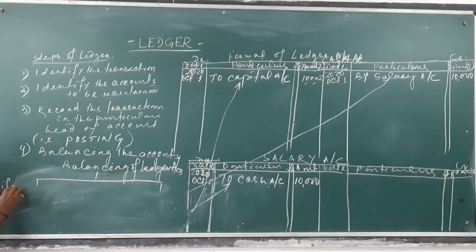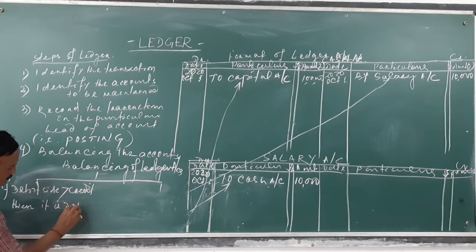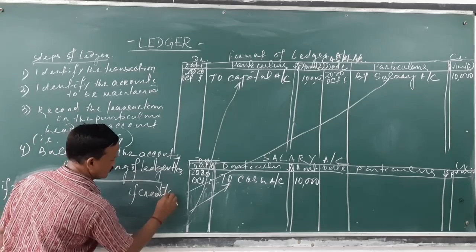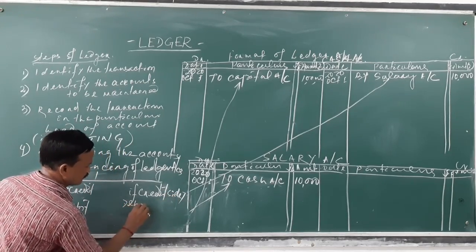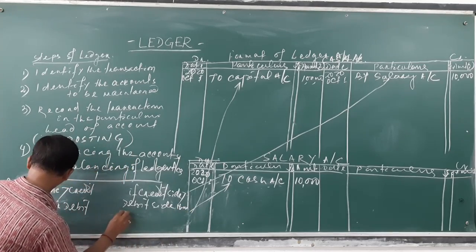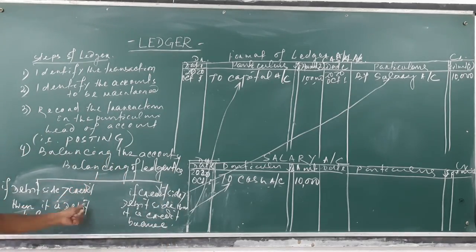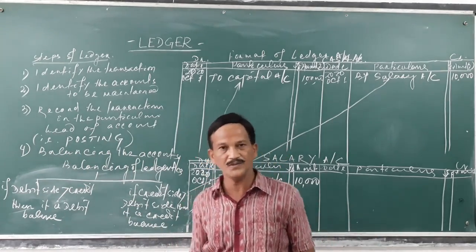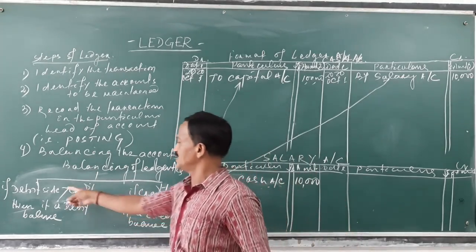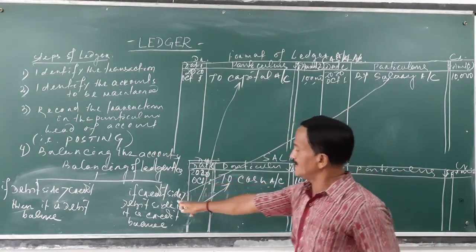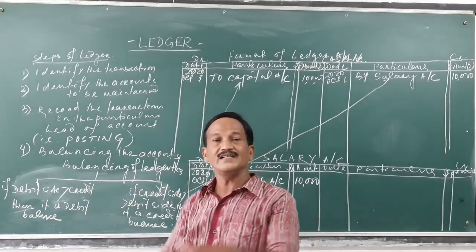If the debit side is more than the credit side, then it is a debit balance. If the credit side is more than the debit side, then it is a credit balance. So there are two types of balancing of ledger account to be found out. One is debit balancing, another is credit balancing. Debit balancing means the debit side is more than the credit side. Credit balancing means the credit side is more than the debit side.